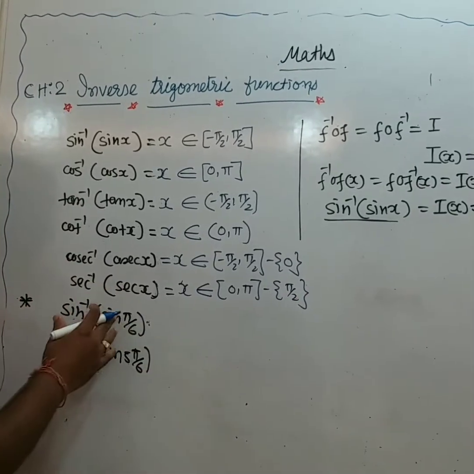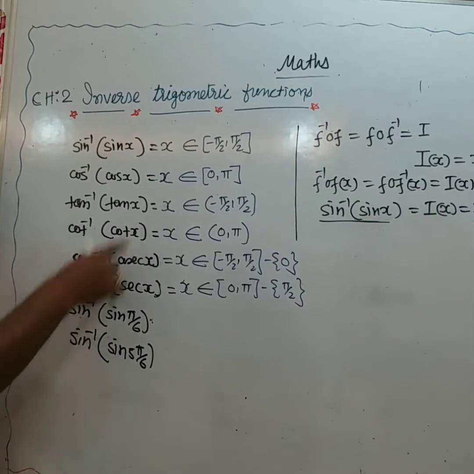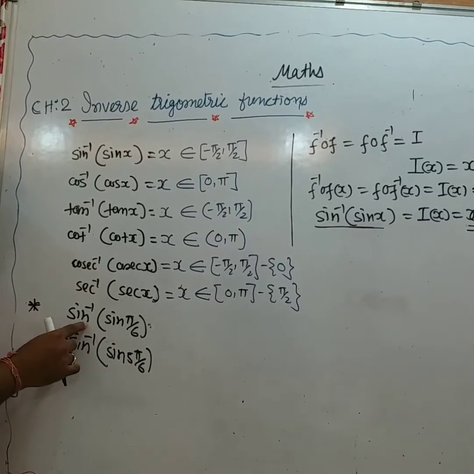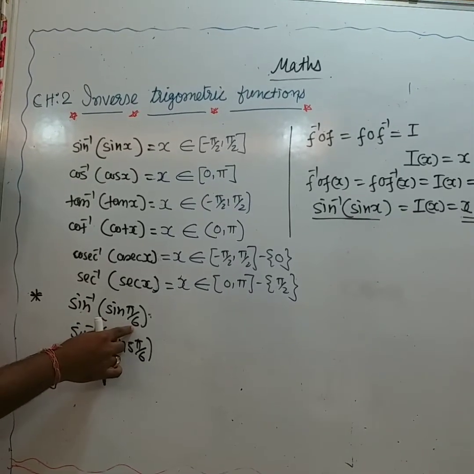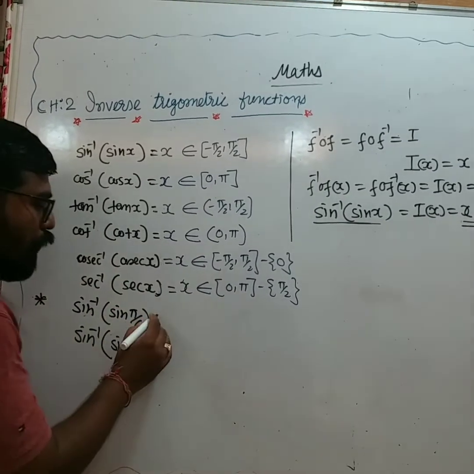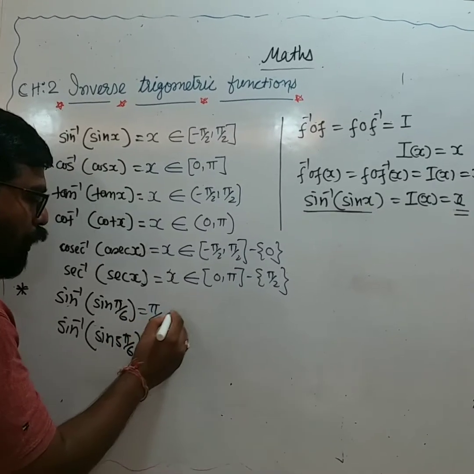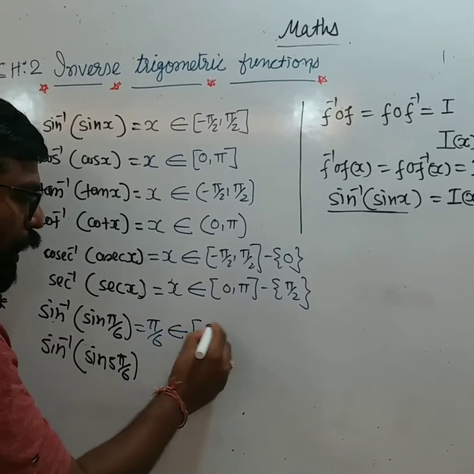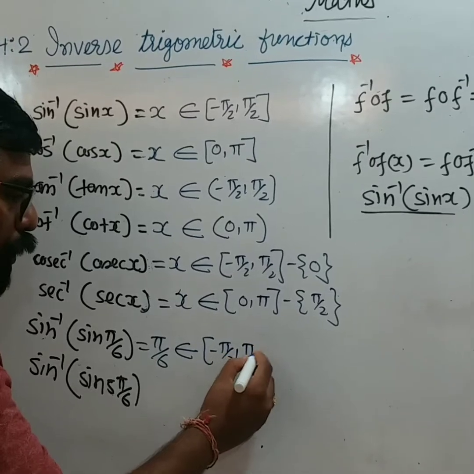And how does it work? Let's see. If sine inverse of sine pi by 6 is given, then the answer will be pi by 6. Why? Because pi by 6 belongs to minus pi by 2 to pi by 2.